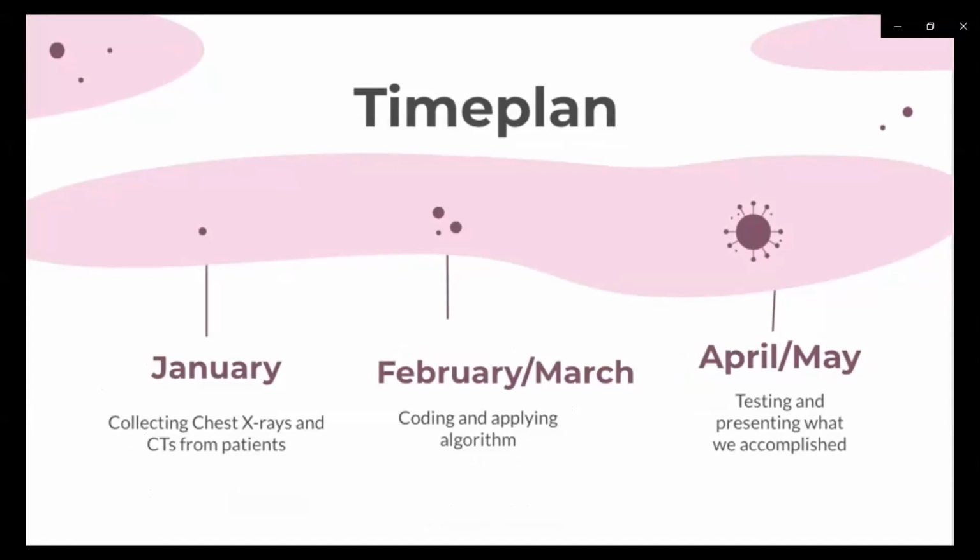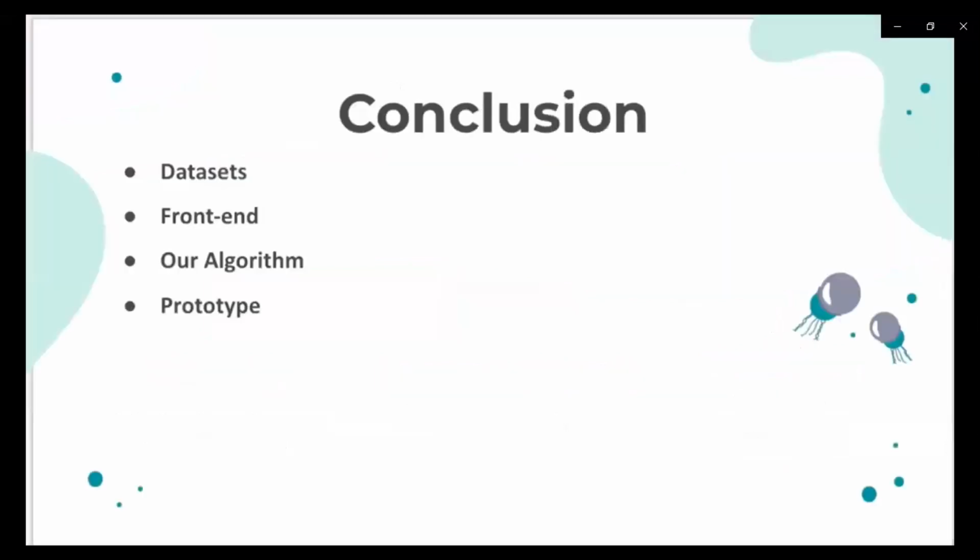And in February and March, we will stick to our initial plan, which is coding and applying our algorithm. And in April and May, we will do the same thing and also test and present what we have accomplished in the end.